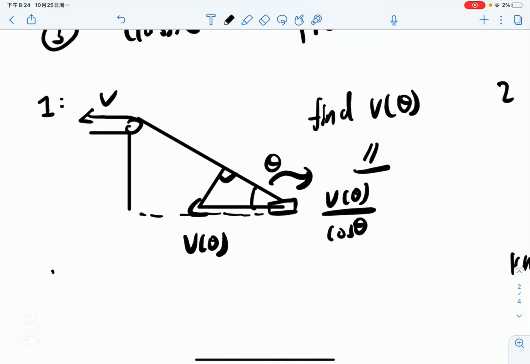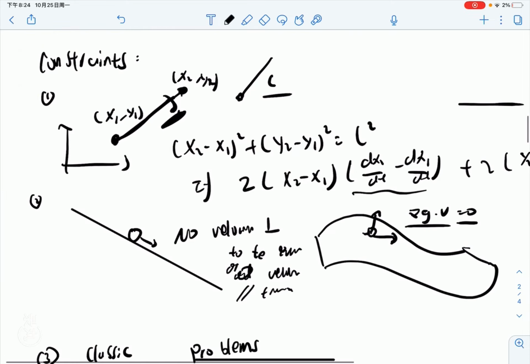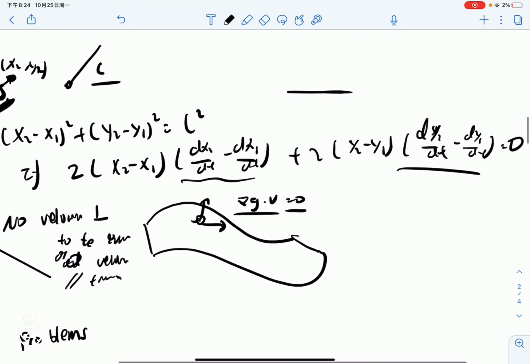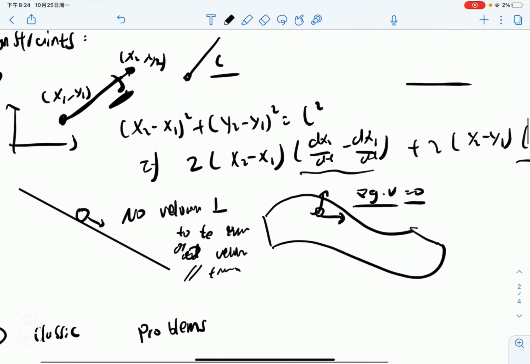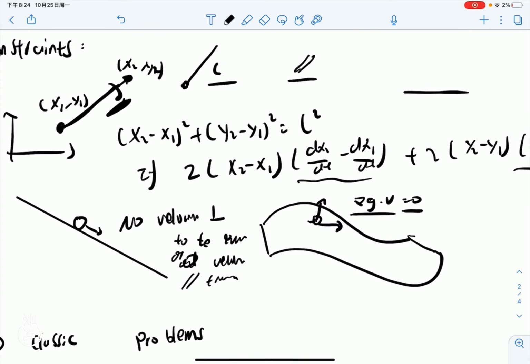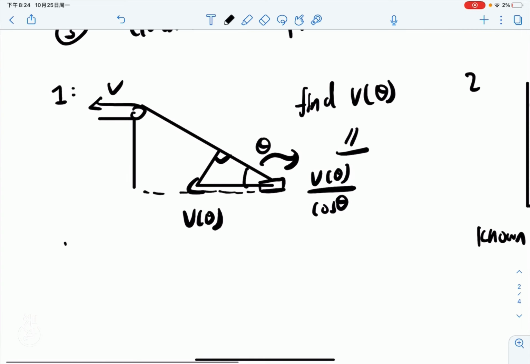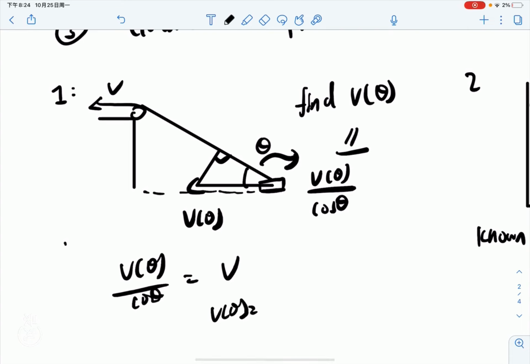We know the constraint of the rod: the velocity that is perpendicular to the rod is going to be the same. So basically v0 cosine is going to be v, so v0 is going to be v cosine.